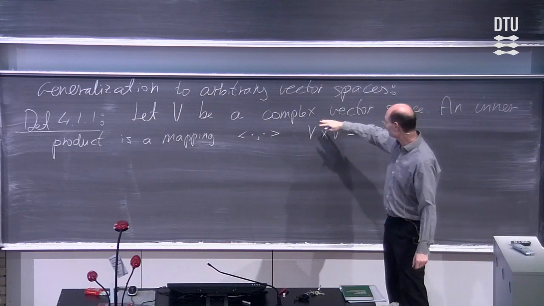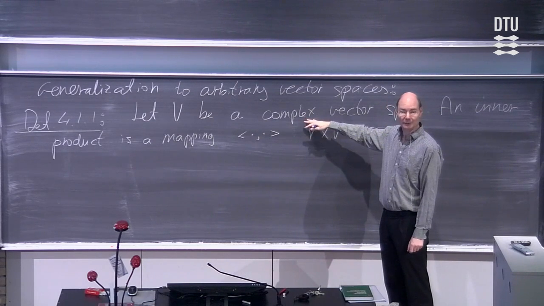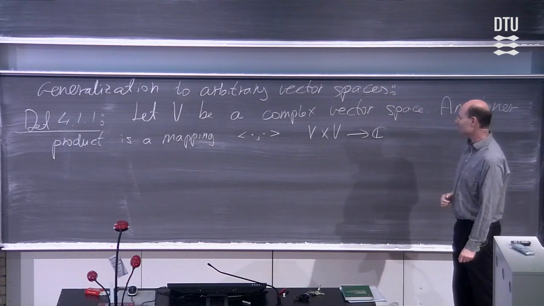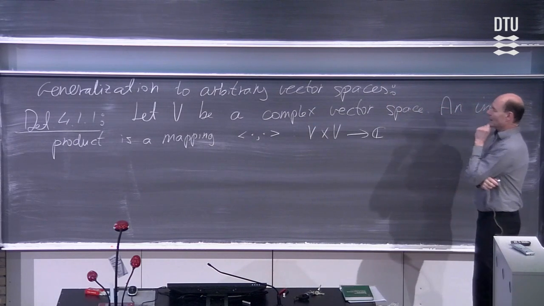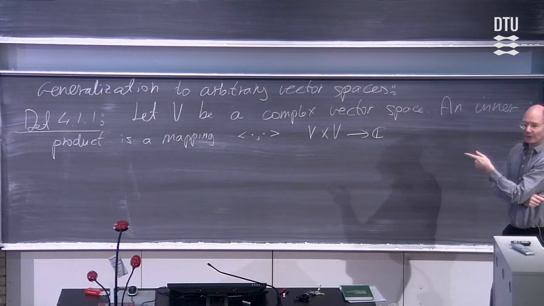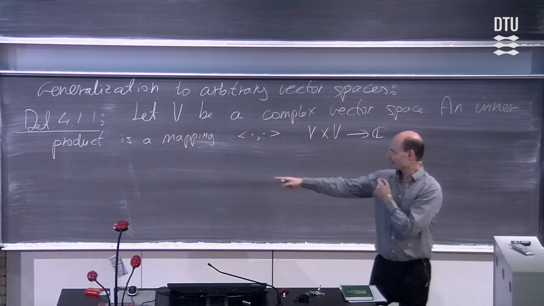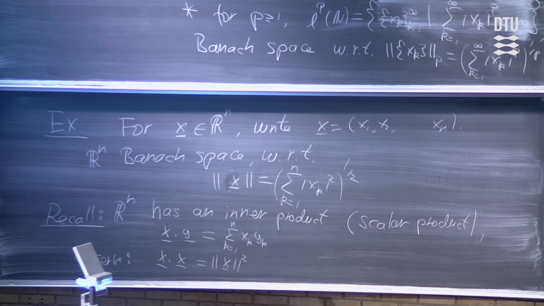So this is the difference between the complex and the real vector spaces, but I'll write that down in detail later. So this is a mapping. But we want this mapping to act in the same way as the inner product we have here. That means we want this abstract mapping to have some of the same properties as we know from the inner product. So we will state some properties.